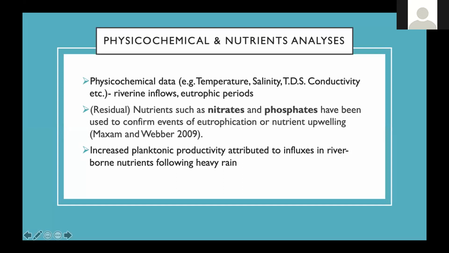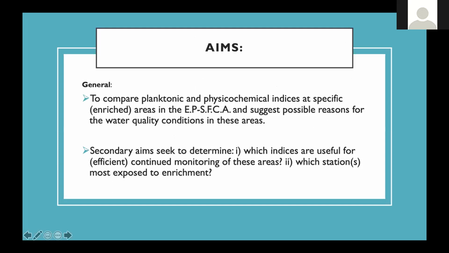Similarly, nutrients such as nitrates and phosphates have been used to confirm events of eutrophication or nutrient upwelling in areas. And these of course would be residual nutrients in the water column. But the underlying principle is that increased planktonic productivity is usually associated or attributed to influxes in river-borne nutrients following rain in the tropics.